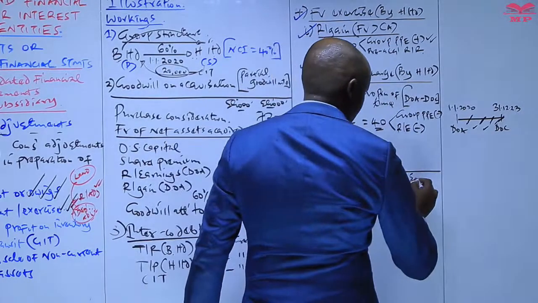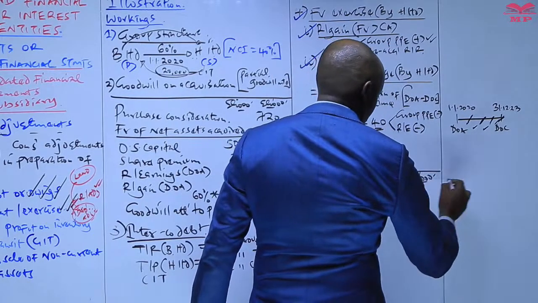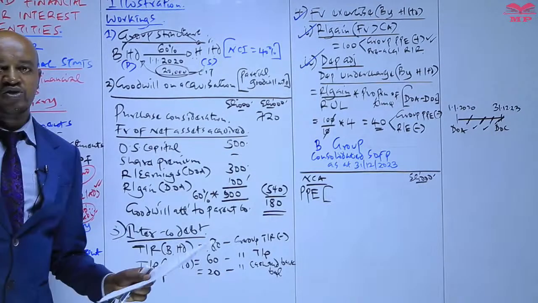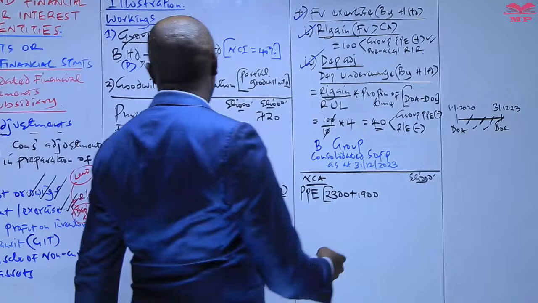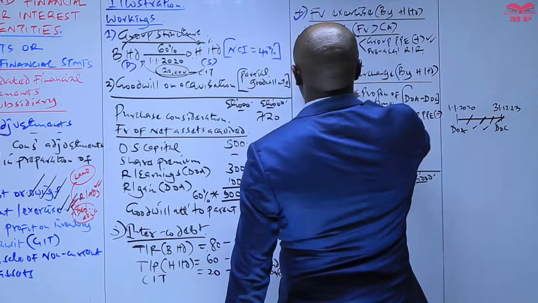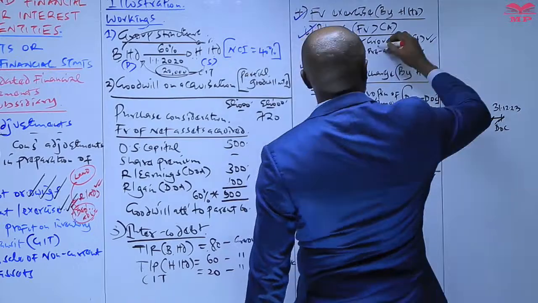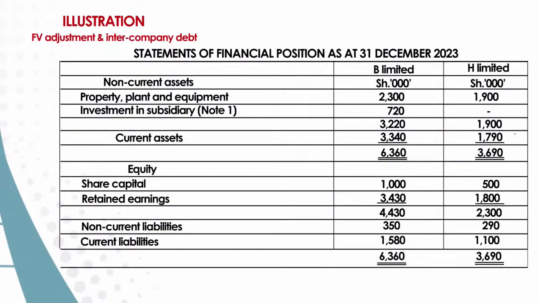So we just need to have a single column here, and our figures in the consolidated statement of financial position are obtained by combining, by adding. So this particular revaluation gain, which was not accounted for by the subsidiary, we have said this one should be added to the group PPE. Companies, we have investment in the subsidiary.